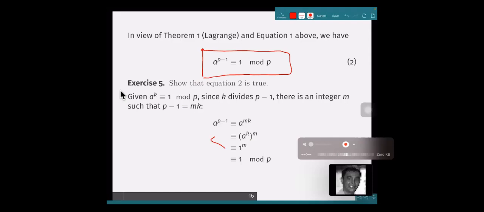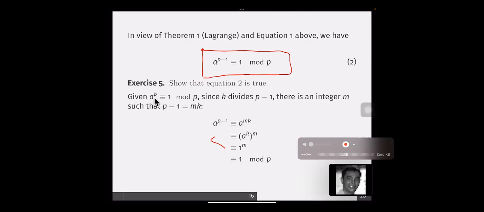First, you're given that a to the k is 1, where k is the order. Since k is the order, this thing here is true.